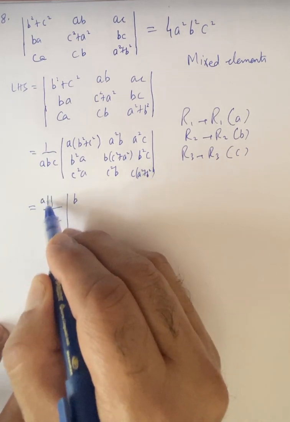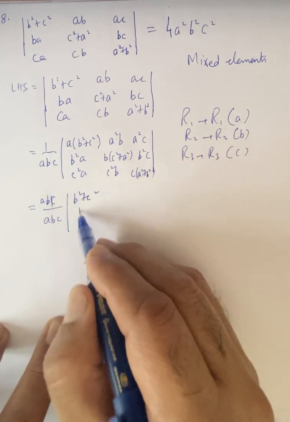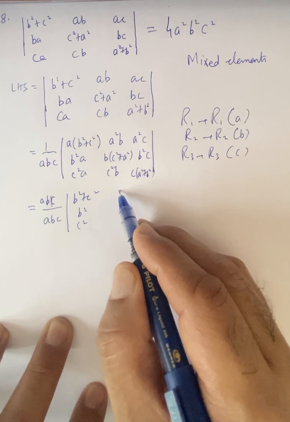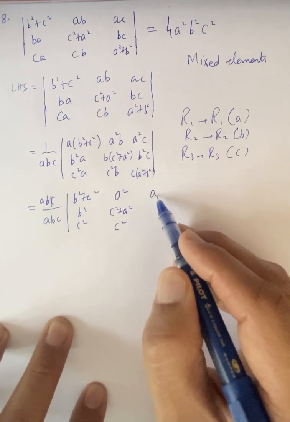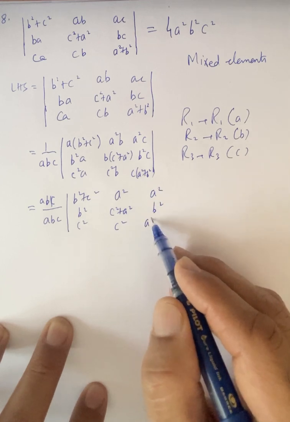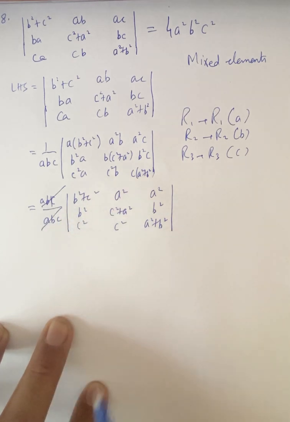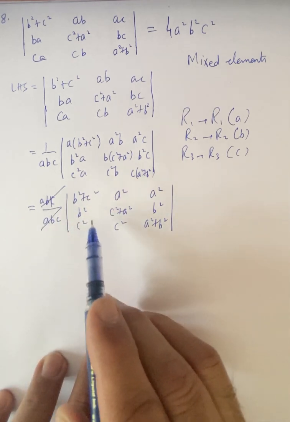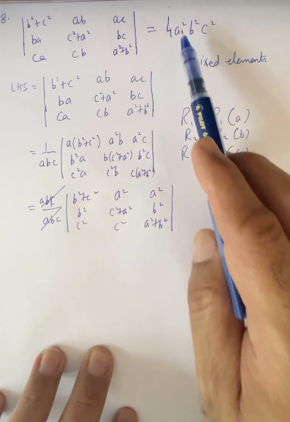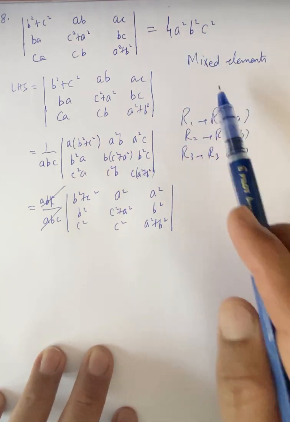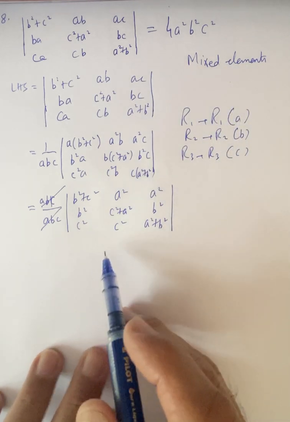So we write A, B, C outside. This will be B square plus C square, A square, A square; B square, C square plus A square, B square; C square, C square, A square plus B square. So what we observe is that we are left with elements with squares only.